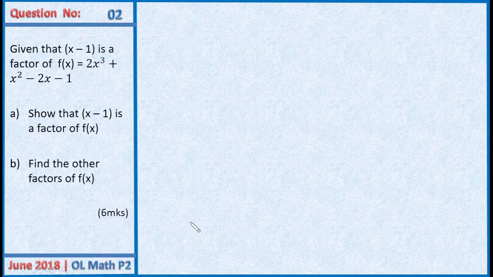So with questions like this, if x minus 1 is a factor of f of x, then it means f of 1 should be equal to 0. So we start by equating this factor to 0, so that we can find the root. The root is x equals 1. So since x minus 1 is a factor, f of this root should give us 0. Because whenever we have a root, f of the root is equal to 0.